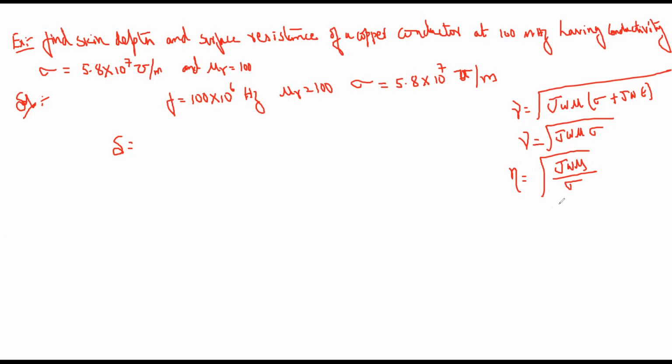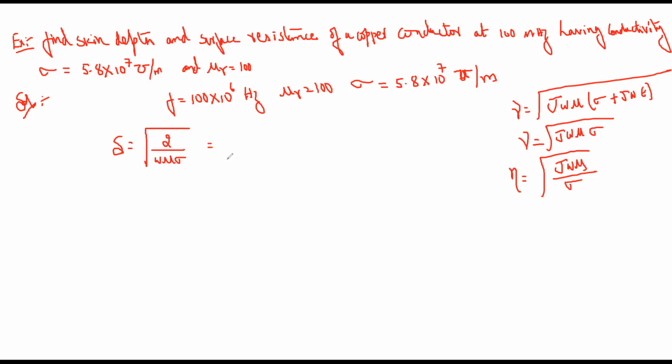But what is delta? Whenever it is a conducting medium, alpha and beta are the same, and gamma is equal to alpha plus j beta, so delta is 1 by alpha or 1 by beta. The formula we now get for skin depth is under root of 2 by omega mu sigma. This is the formula for the skin depth.